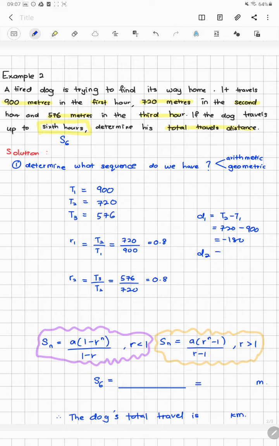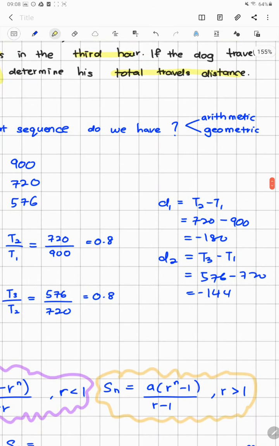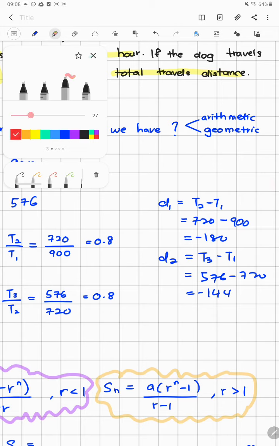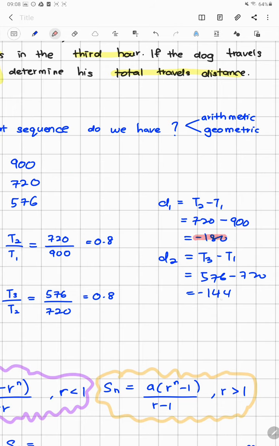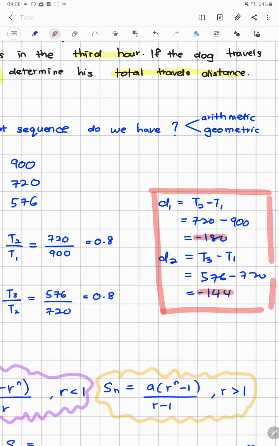Then D2 is T3 minus T2, which is 576 minus 720, giving negative 144. It doesn't give you the same common difference: this is negative 180 and this is negative 144. Therefore, we can't use an arithmetic sequence. This is just to check.